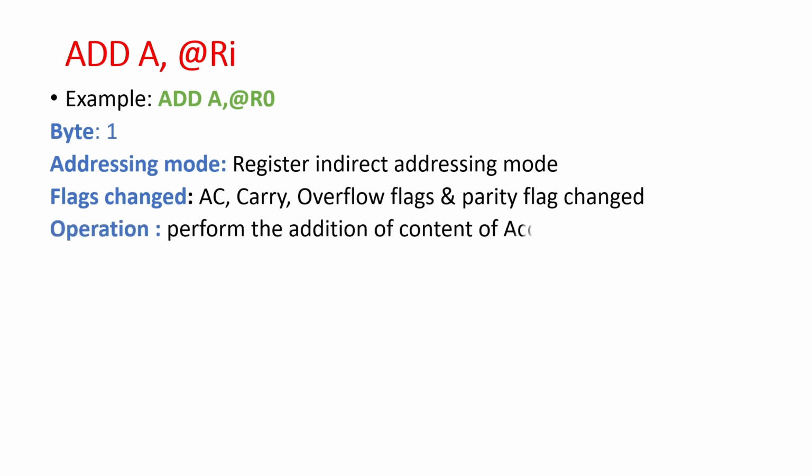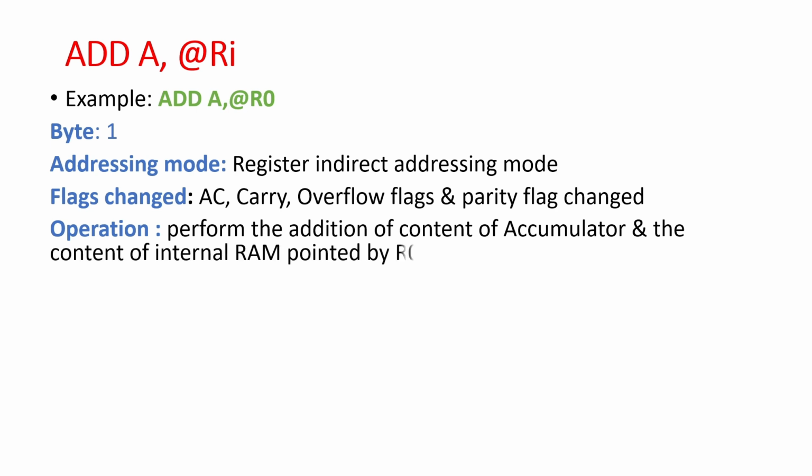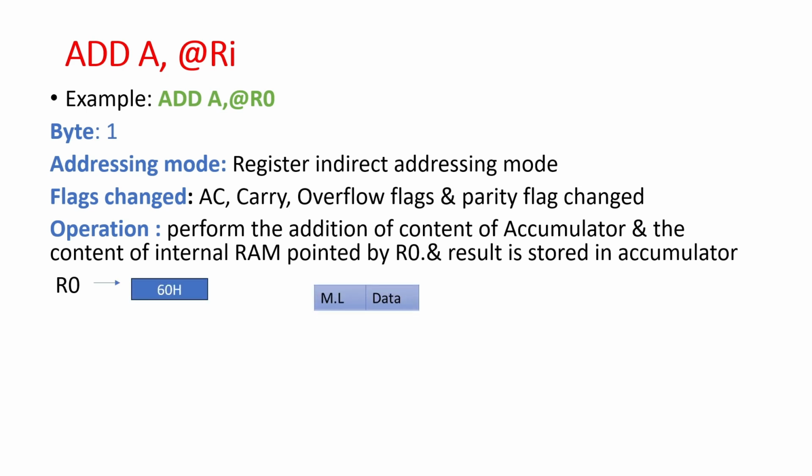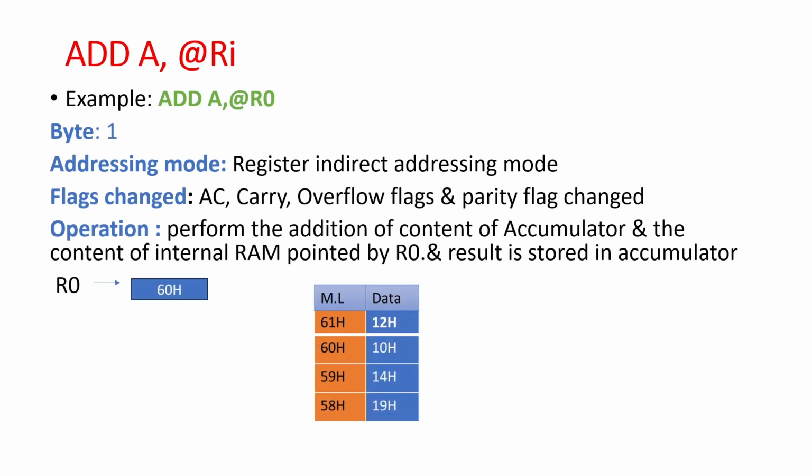This instruction performs the addition of the content of accumulator and the content of internal RAM pointed by R0 and the result is stored in accumulator. See, if the content of R0 is 60H, then the microcontroller goes to this memory location 60H, finds the contents, and those contents are added with the contents of accumulator and the result of this addition is stored in accumulator.